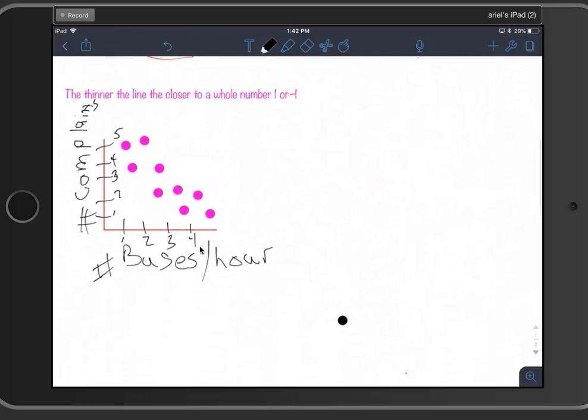So they'll ask you, okay, if there are 2 buses running, what do you think the average number of complaints would be? And you'll go, oh, it's probably going to be somewhere around a 4.